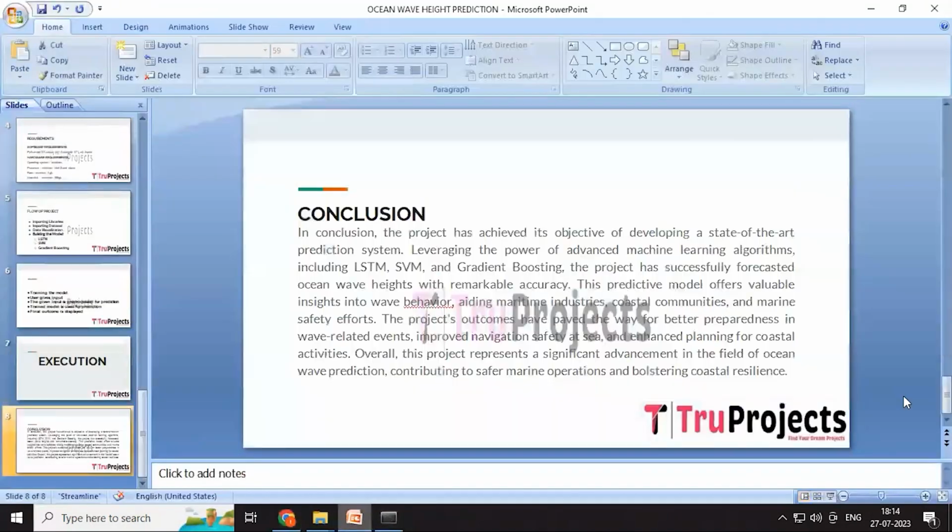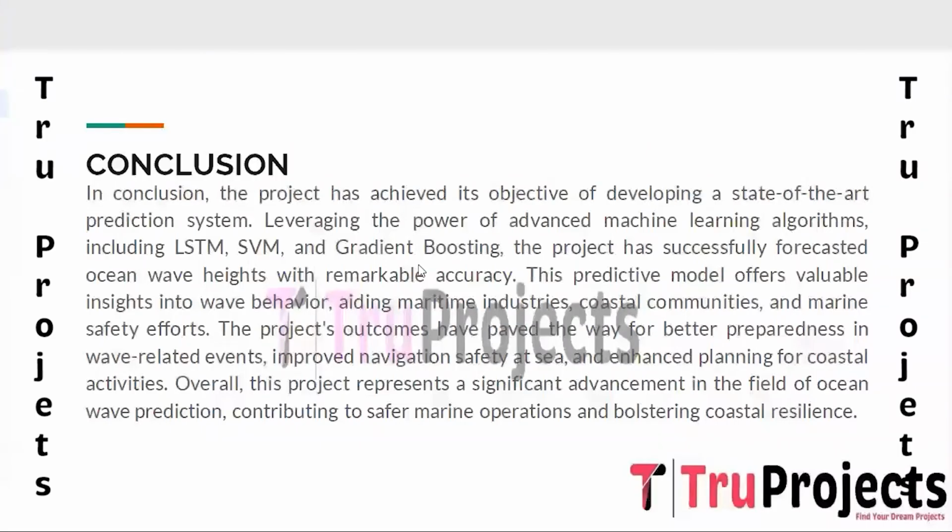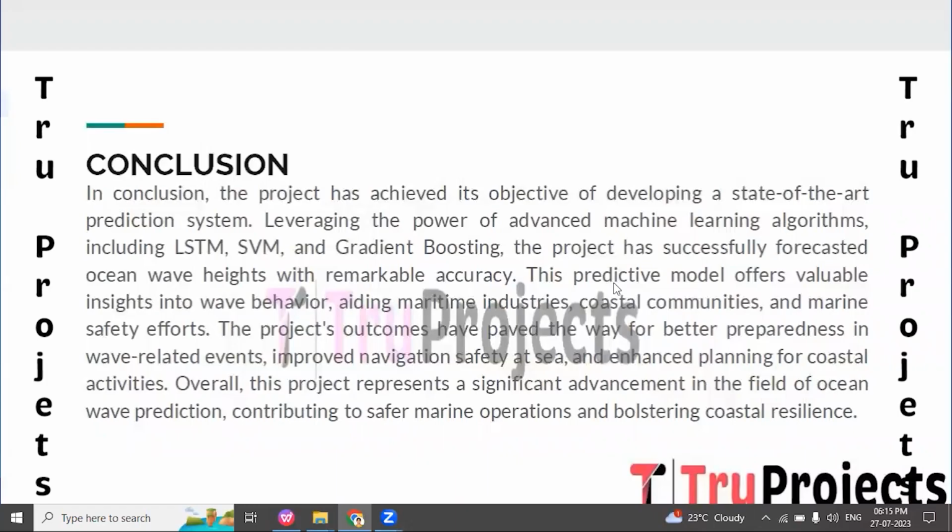And in conclusion, the project has achieved its objective of developing a state-of-the-art prediction system leveraging the power of advanced machine learning algorithms including LSTM, SVM, and gradient boosting. The project has successfully forecasted the ocean wave heights with remarkable accuracy. This predictive model offers valuable insight into wave behavior, aiding the maritime industries, coastal communities, and marine safety efforts.